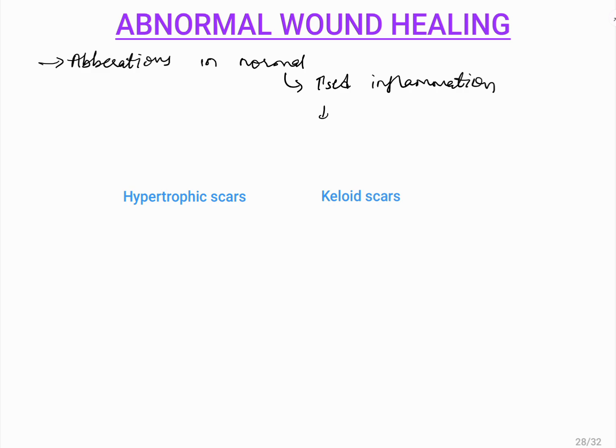Now let's come to the last topic, which is abnormal wound healing. This is seen as any aberrations or alterations in normal wound healing, such as increased or prolonged inflammation time, which leads to formation of excessive scar tissue, which could be a hypertrophic scar or a keloid scar.